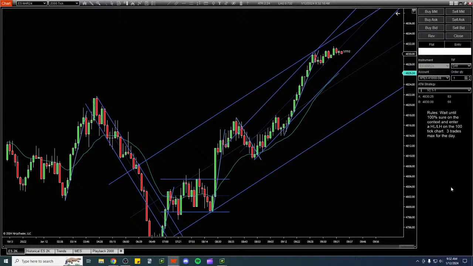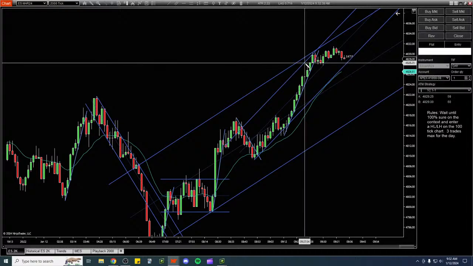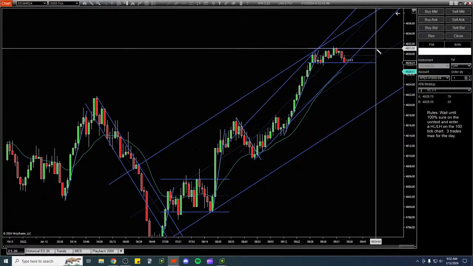So really, I'm just looking to see, where am I sure what's going to happen? Where am I completely sure about the context? And I can tell you exactly where I would be sure here. That would be if prices come down here and touch off of this main trend line, and then we get some sort of higher low confirming the trend line. That's whenever I'm sure what's going to happen. Not to say you're going to get that, but that's what I'm looking for.